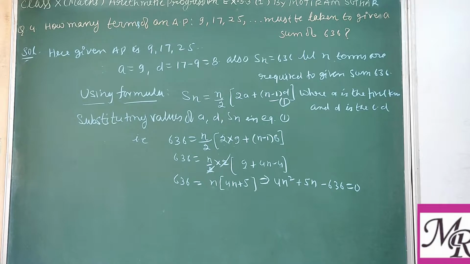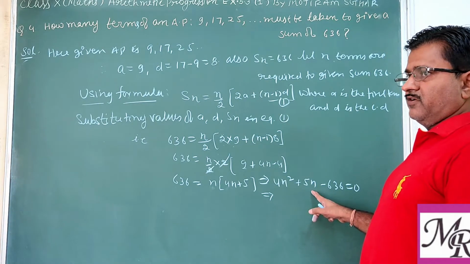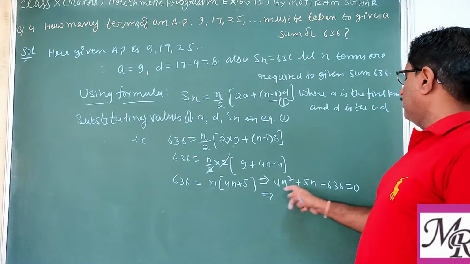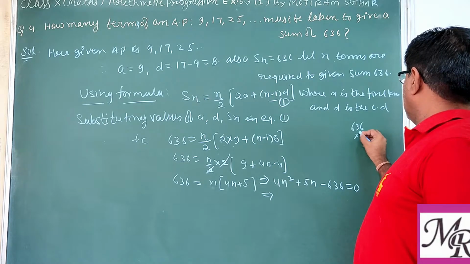So as you know, this is a quadratic equation which can be solved by splitting the middle term. So we try to split the middle term. The middle term will be split in such a way that the difference should be 5 and the product will be, you can multiply 636 into 4.